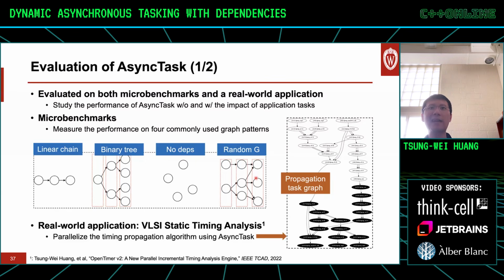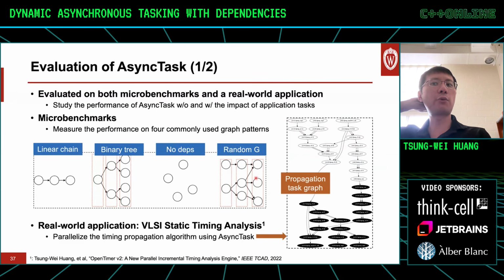In linear chain, tasks are executed sequentially, one after another. In binary tree, each task spawns 2 dependent tasks. In embarrassing parallelism, all tasks are independent and they can run simultaneously without any dependencies. In random graph, tasks have dependencies assigned arbitrarily, representing irregular workloads.